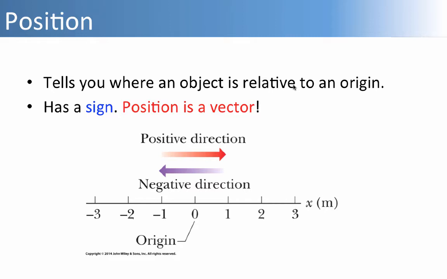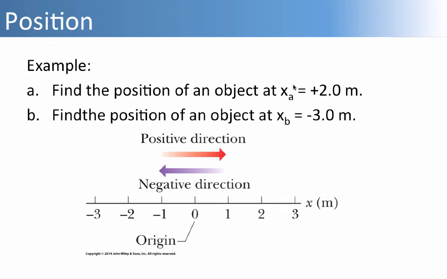Position, because it has a sign, particularly when we're dealing in one dimension, is a vector. So it indicates either a positive direction from an origin or a negative direction from an origin. For example, if we want to find the position of an object at 2 meters, we say, aha, XA is the position of this object at plus 2 meters, and that little green arrow points to its location.